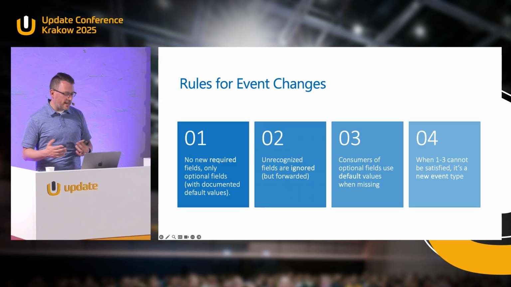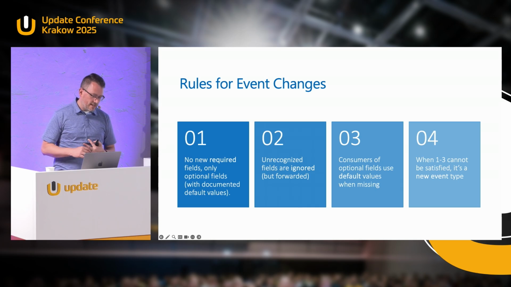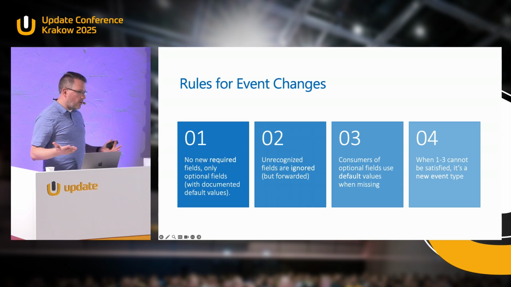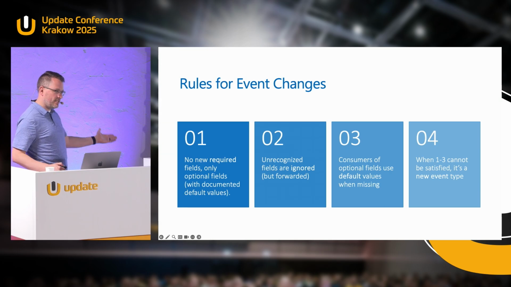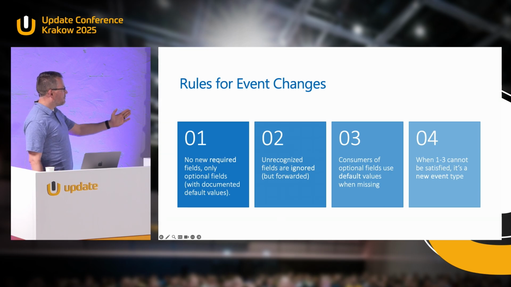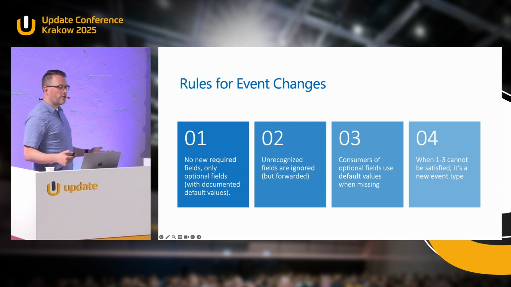Number 1 is that any new required field, you don't add any new required fields, you only add optional fields with default values. Number 2 rule would be any unrecognized fields are ignored but forwarded.